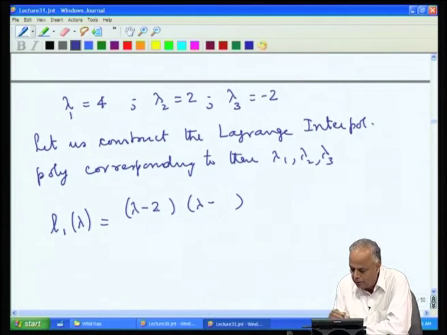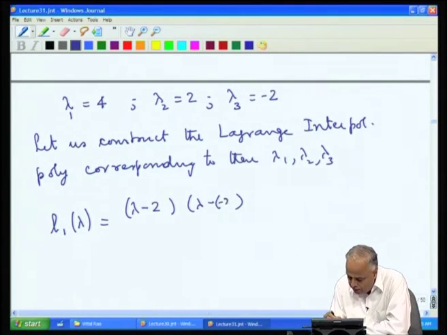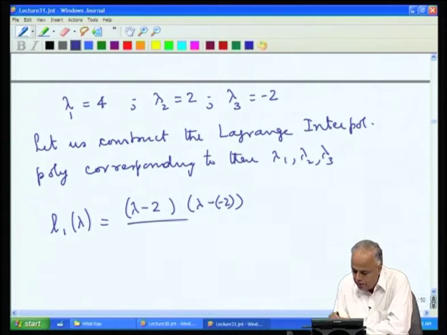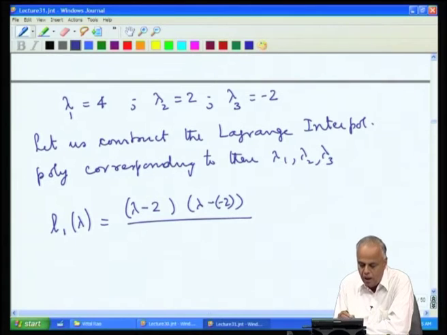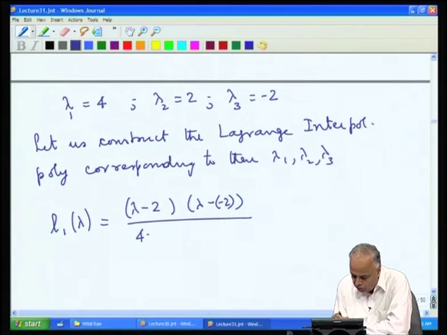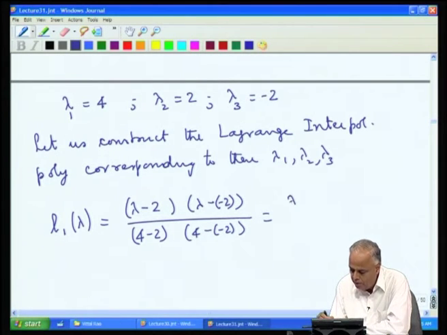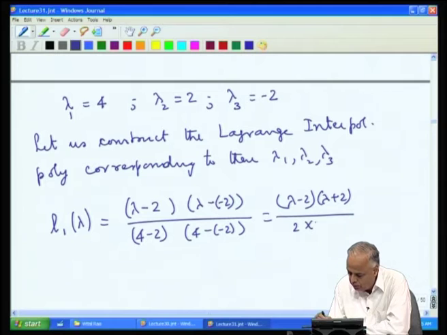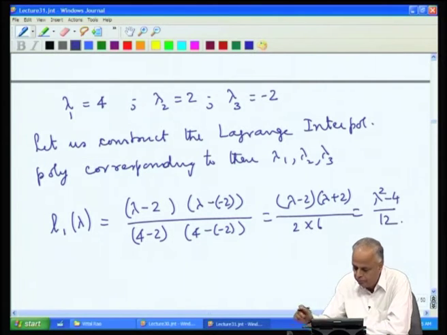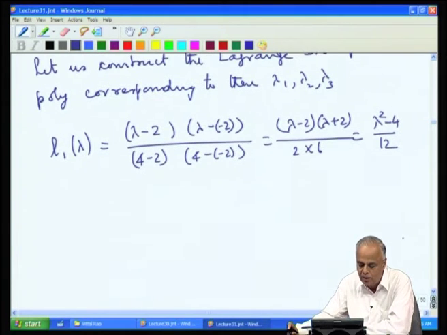So, lambda minus 2 into lambda plus 2, and then divide by evaluating the numerator at the first eigenvalue. So, it will be 4 minus 2 into 4 plus 2, which is lambda minus 2 into lambda plus 2 divided by 2 into 6, which is lambda squared minus 4 by 12. So, that is the first Lagrange polynomial.